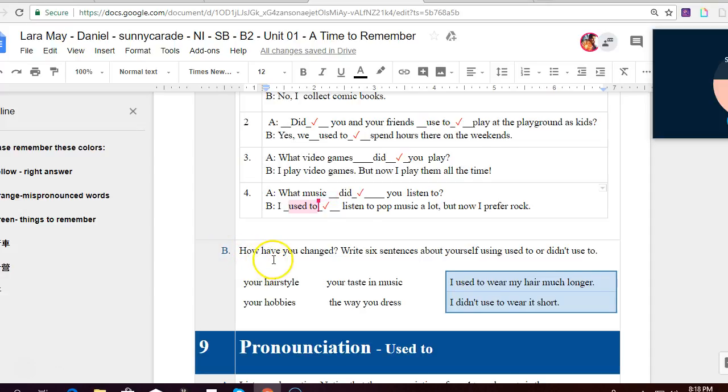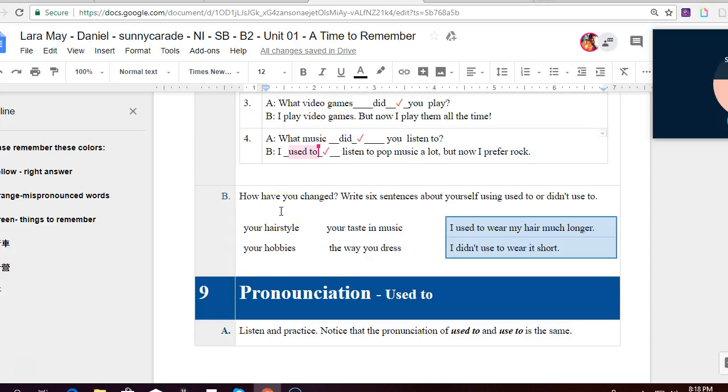Yes. Okay. So in activity B, we are going to do: how have you changed? Write 6 sentences about yourself using used to or didn't use to. Okay, now, what do we mean when we say how have you changed?